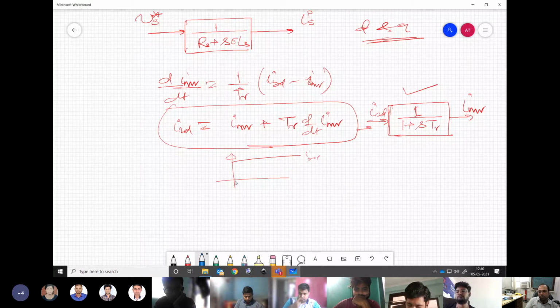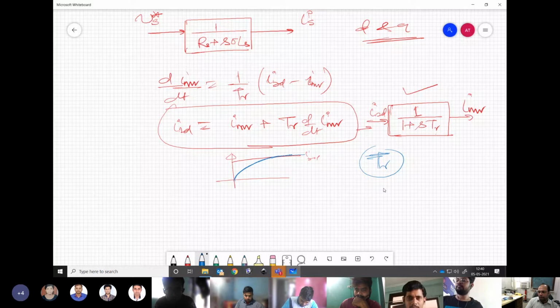It will go and settle, that's all, with some time delay. And what is the time delay? It is the TR time constant. Understanding my point? So again, this is also a first order plant. Your current control plant is also a first order plant.